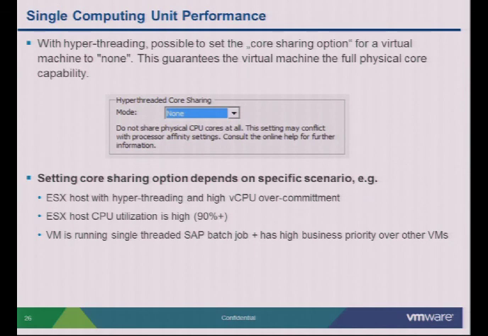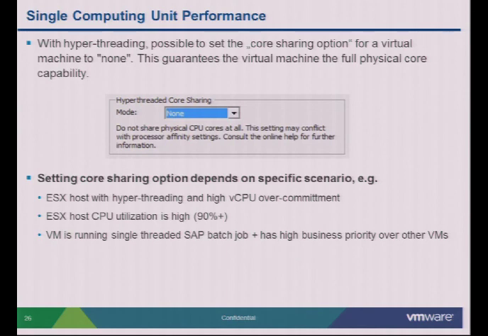Sometimes the batch job runs too long, and then the OLTP VMs start kicking in the morning, and there's a short period where they overlap. In that short period of overlap, you want to give the batch job priority. So that's when you would set hyperthreaded core sharing to none, just for that time when you're running with high vCPU overcommitment. Maybe your ESX utilization is high, and you have a priority on the batch job.